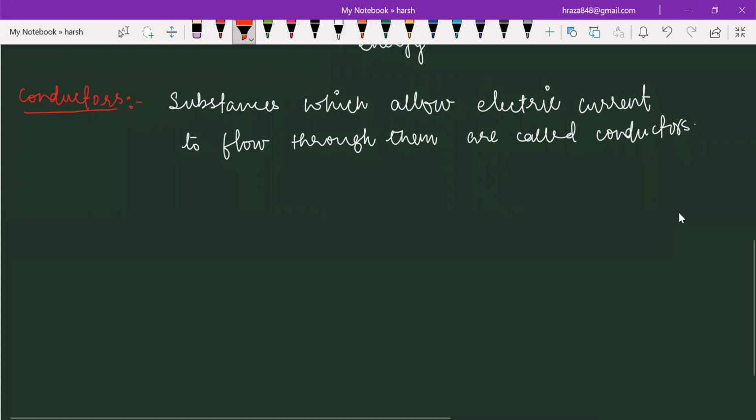Please write it. And we can also write the examples. Examples are metals, aqueous solutions of acids, bases, and salts. Here aq stands for aqueous.